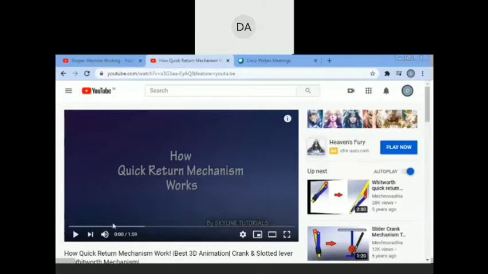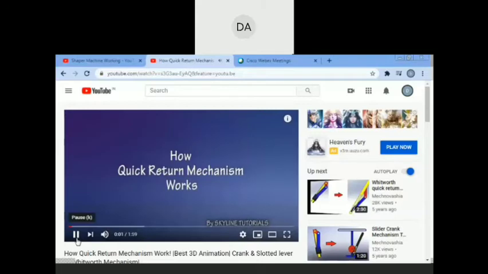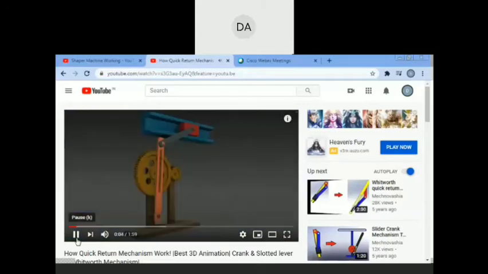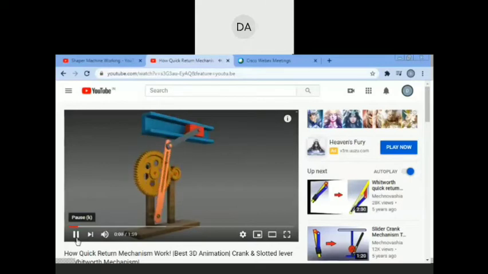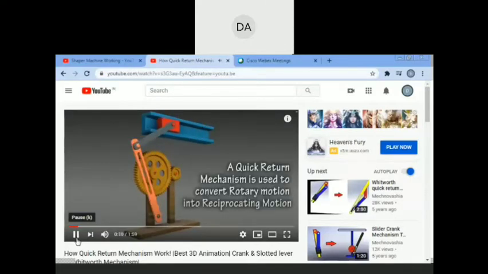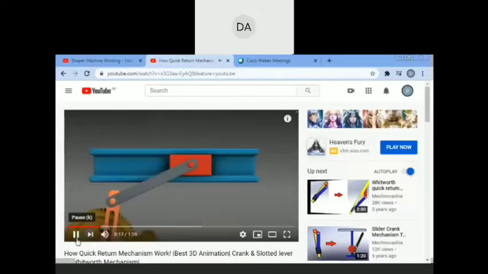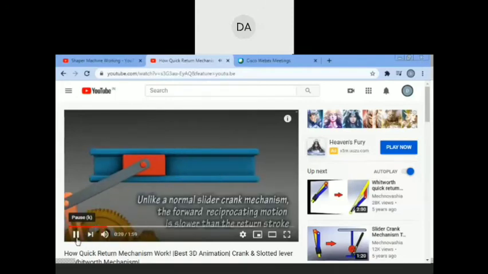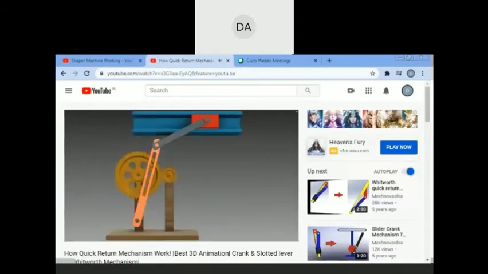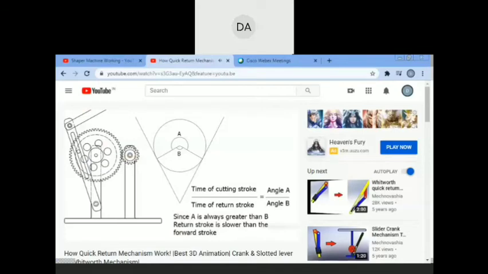Here we are going to see how the quick return mechanism works. As we can see, the forward motion is very much slower when compared to the return stroke.